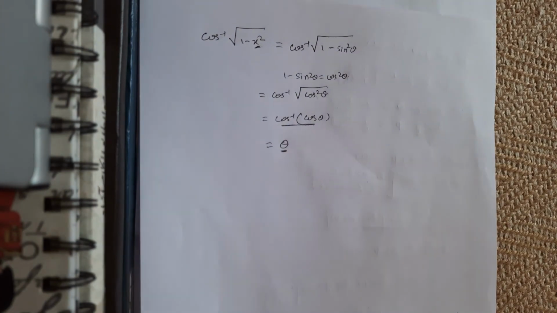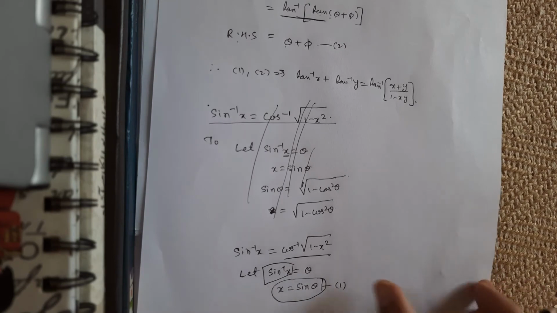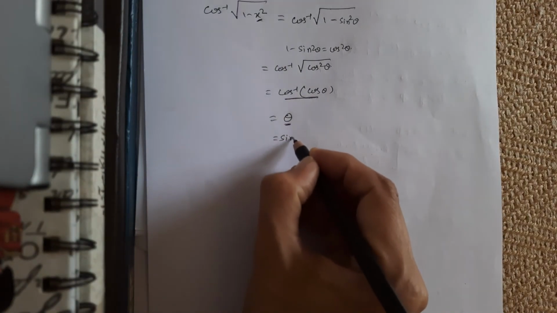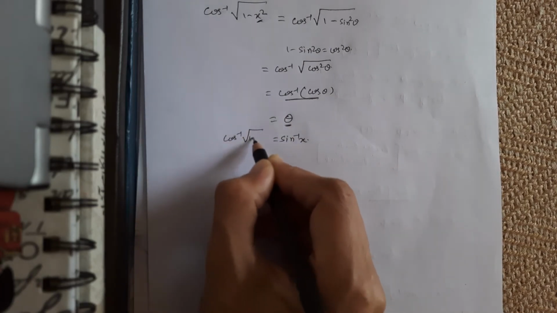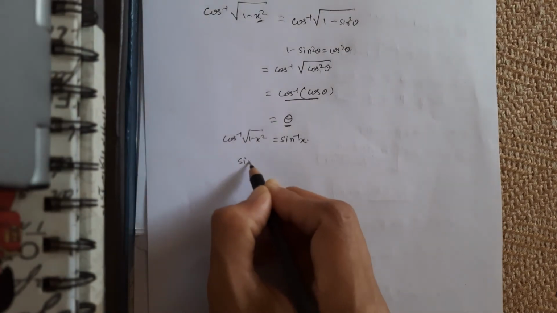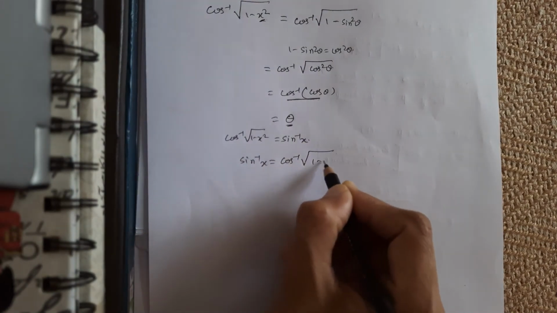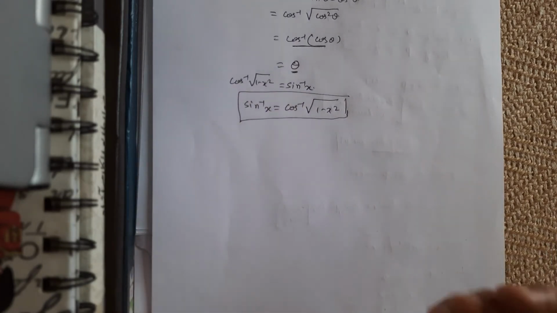Now what is the value of theta? The theta I substituted as sin inverse of x. So this is equal to sin inverse of x. That's how I prove it. Therefore I get sin inverse x equals cos inverse of root 1 minus x square. This is another property, the number 7 property.